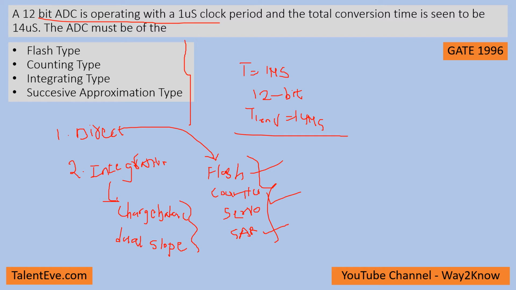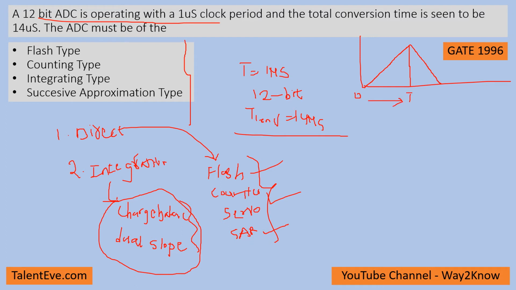So definitely we can say integration could be the slowest, because it doesn't complete within the 14 microseconds period, because the slope type or the integration type works in such a way that there will be a positive integration, and then it comes back to zero, where you will have a total time period. You can say this is 2 power n clock cycles, and then there is another integration period.